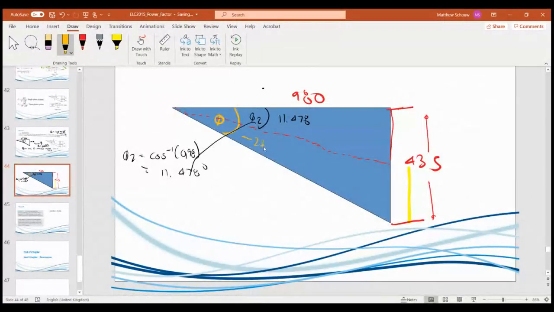So guys, can you see what happened here now? What we're trying to do is see how much of this yellow line, or the active power, we must provide to take this triangle from 23.98 to 11.478. Is that clear? It's quite easy.